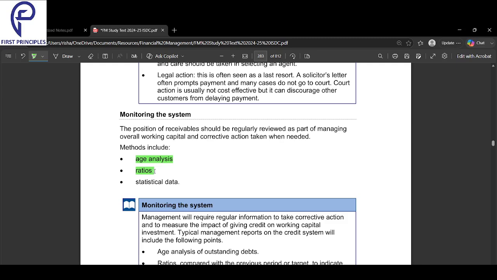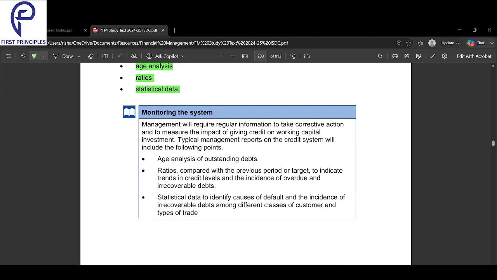You have to calculate a lot of ratios. And finally, look into statistical data. Compare your ratios with the previous period, and you will see how much your credit levels have increased.